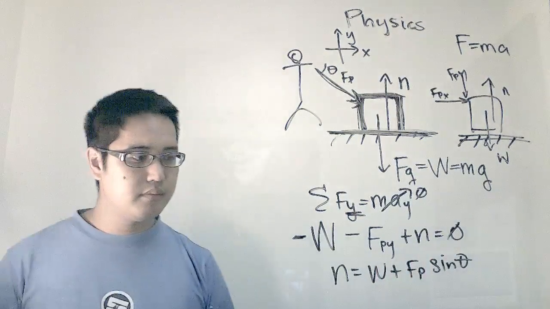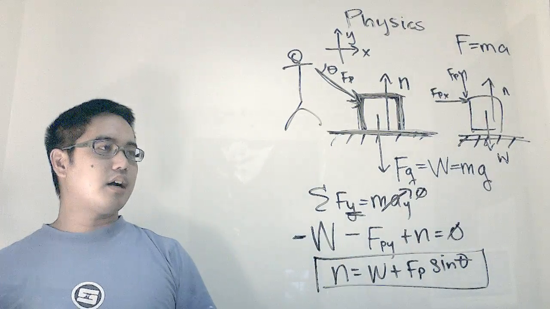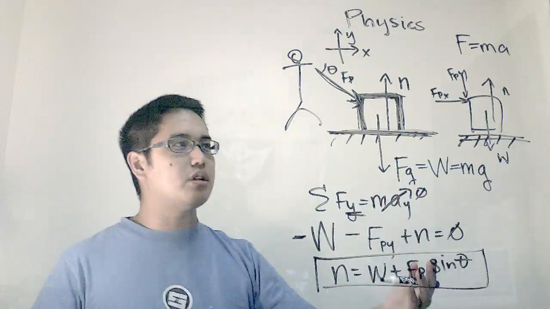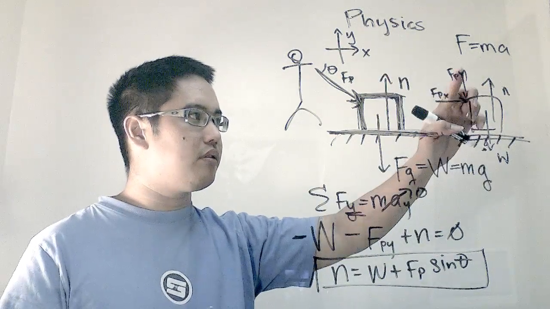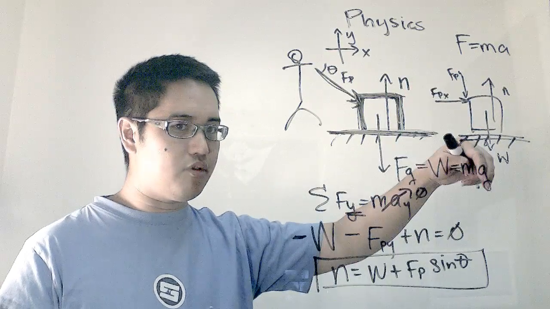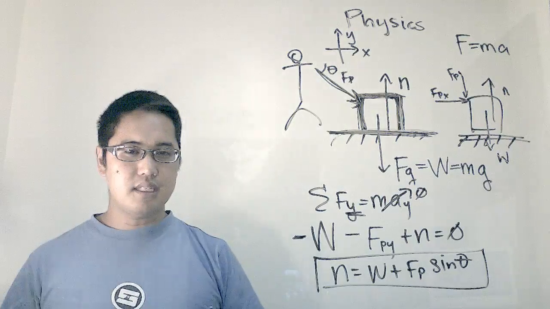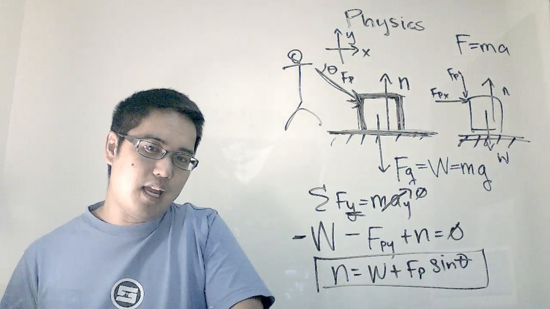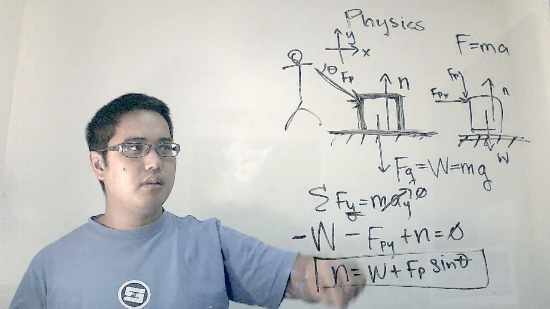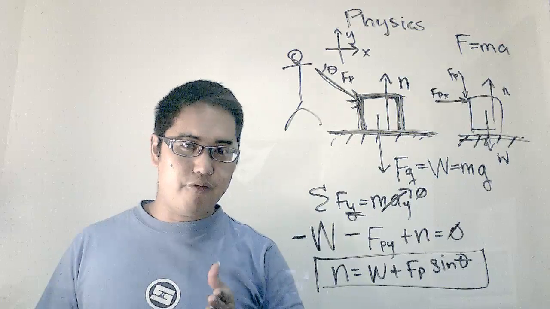So your normal force would increase. If you look at the picture, your normal force needs to balance out these two forces going down, right? This force is pushing down, this force is pushing down, and your normal force has to balance that out. The way I think about it is, if I'm pushing the ottoman down at an angle into the ground, part of my force is going to go into pushing that thing forward.